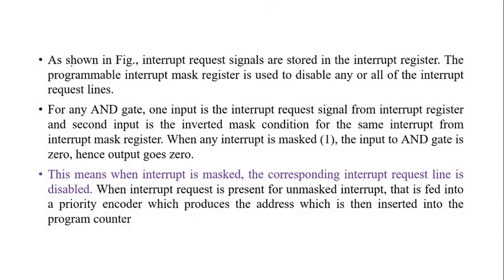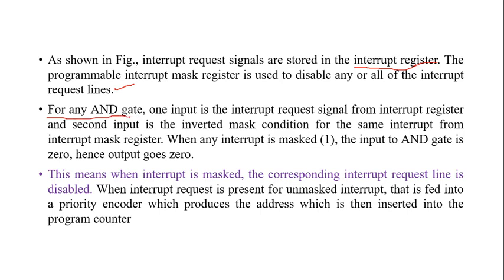Now, as shown in the figure, interrupt request signals are stored in the interrupt registers. The programmable interrupt mask register is used to disable any or all of the interrupt request lines.